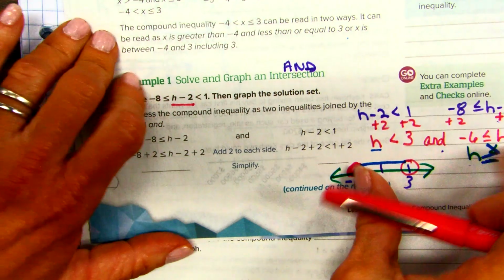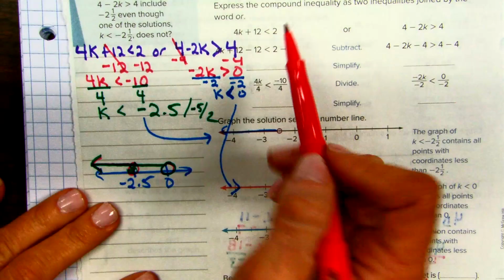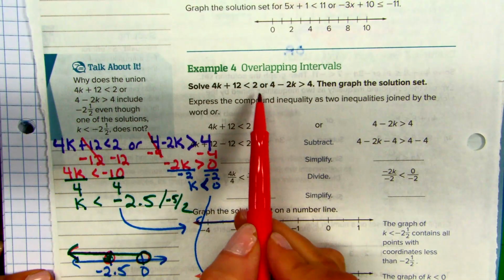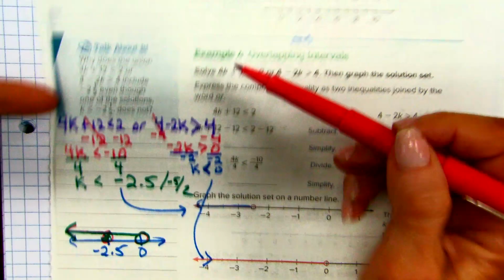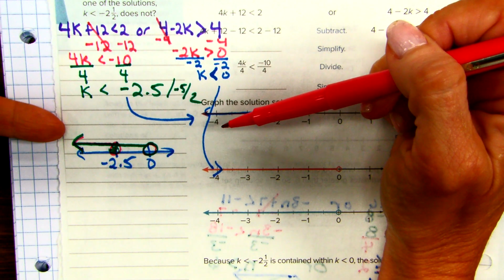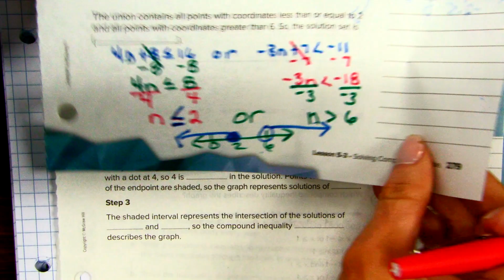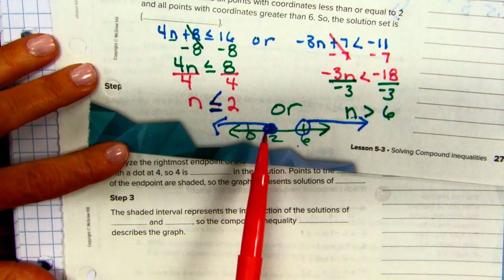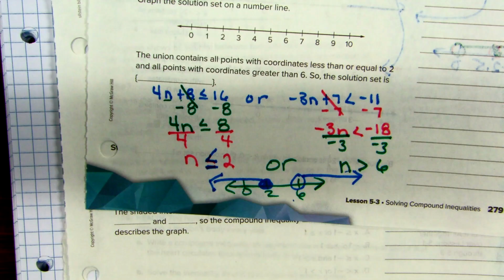So just recapping yesterday. Then we learned how to do or problems. Or problems will always be written with the word or in between. You never have to break them apart. Solve them as two separate inequalities. And when you graph an or problem, 99% of the time they go in two different directions, okay?